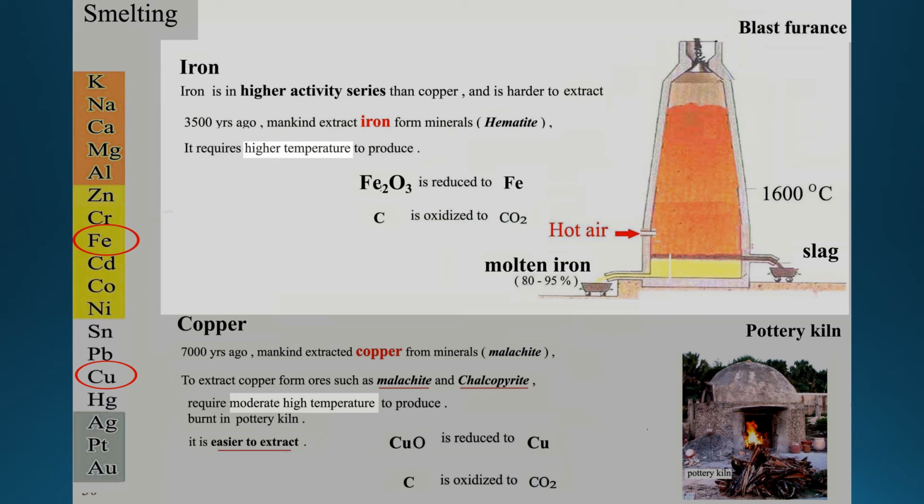And realize when they melt, the bottom bit will be the molten iron. It will reach about 80 to 95% pure. And on this side, this is called slag. Slag is all the sand, clay, and stone that does not dissolve, that usually we will throw away.